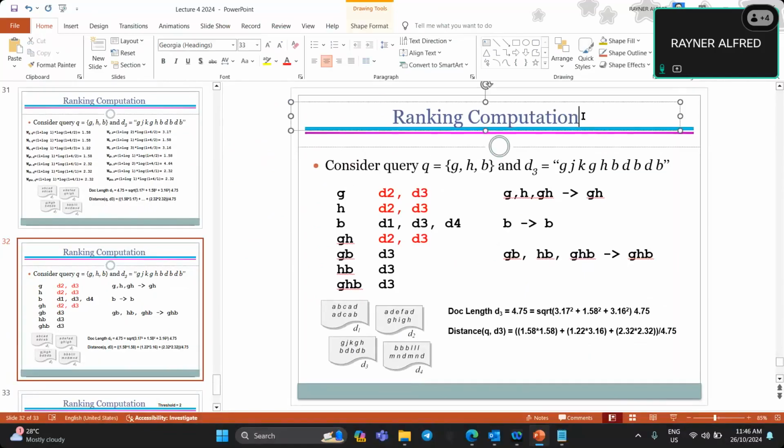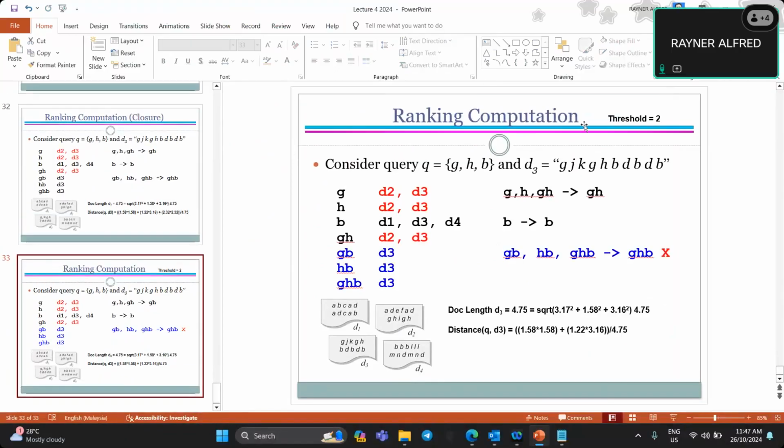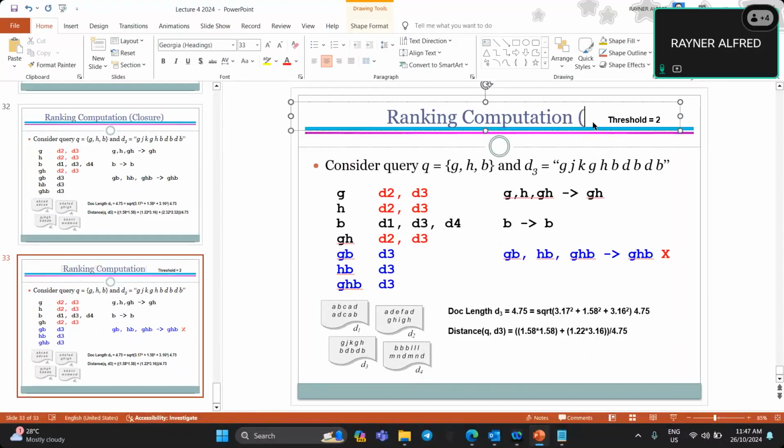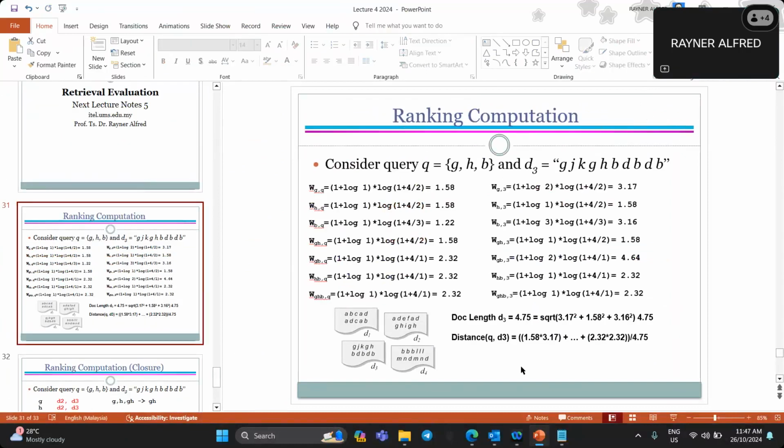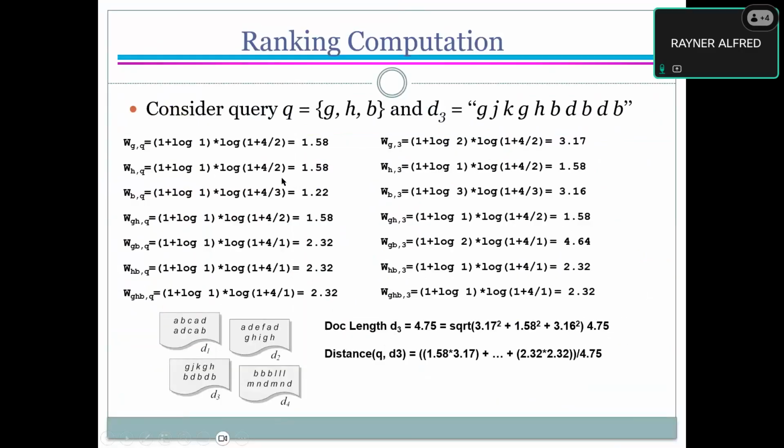So this one is based on the closure, and this is based on setting the frequent threshold. So this is without anything, we include all.